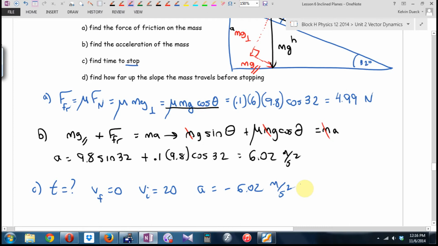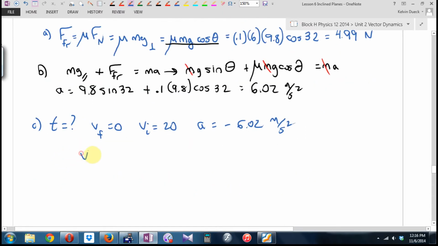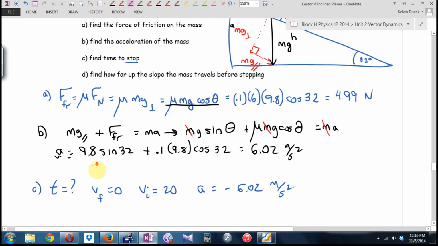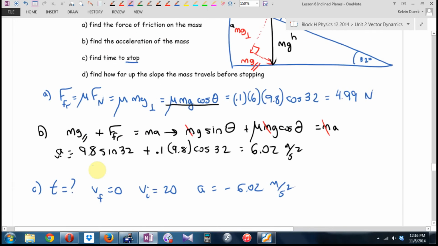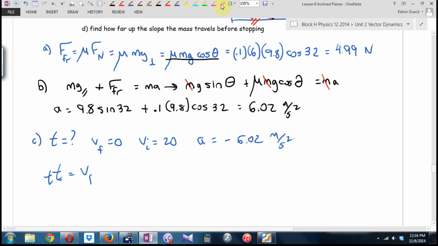I'm looking for an equation that's got T, V final, V initial, and A in it. Yep. T equals VF minus VI over A. Thank you for getting the T by itself already. Whoa! Screen suddenly started jumping around, and what I wrote just kind of vanished. Okay, let's try this again. Let's do this one more time. That was like a black hole or something there.